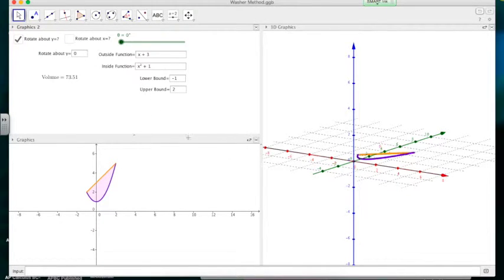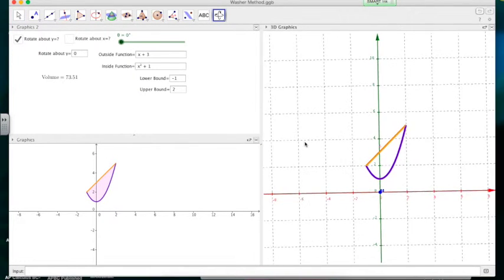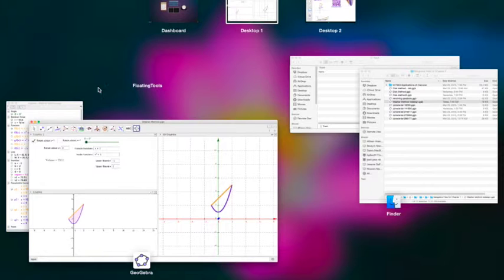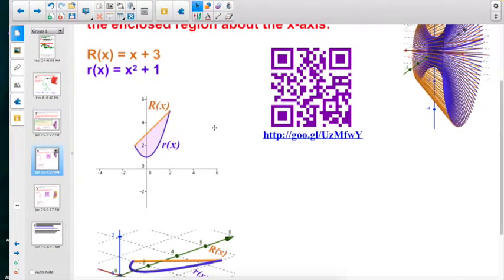So if we take this shape, and you can kind of see, if I revolve this here, there are the two functions. So we set those two functions equal to each other, and we can find those points of intersection. So that's the first thing we're going to do on this example here.